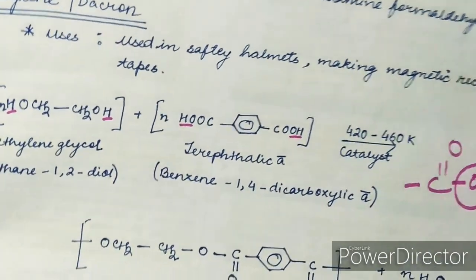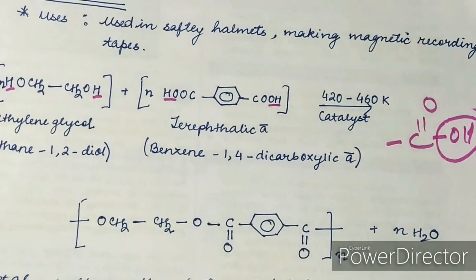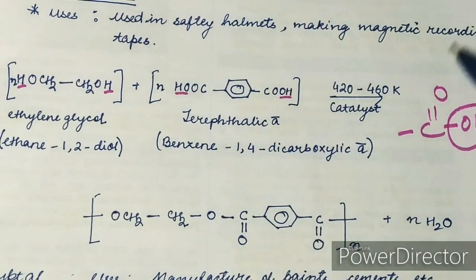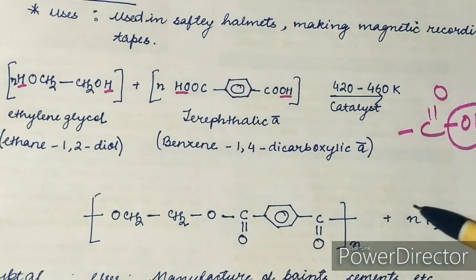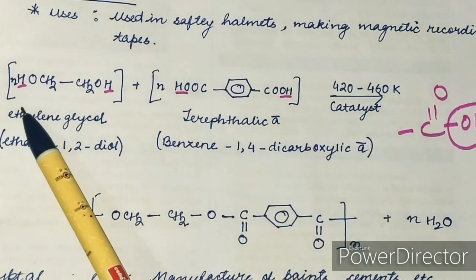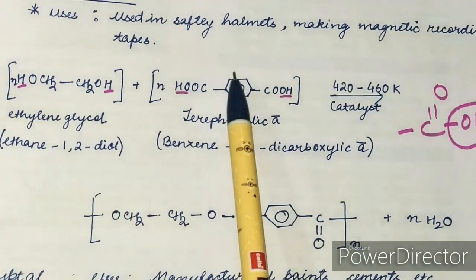Now the structure of terylene. Here you have to be very careful. As you know, condensation polymerization is going on, so you can see a removal of water molecule. Let us understand from where this water molecule has come. You can see here I have marked in pink color some parts of the chemical compounds.